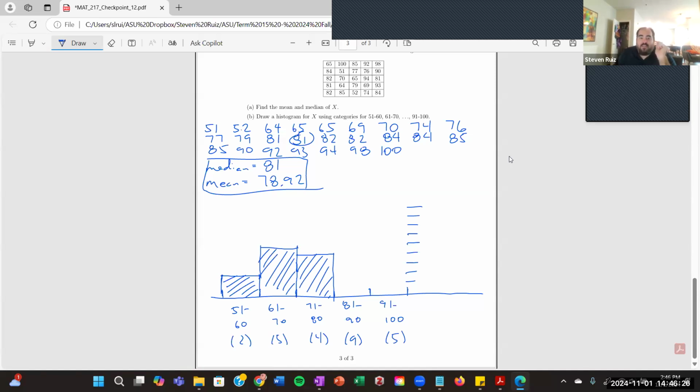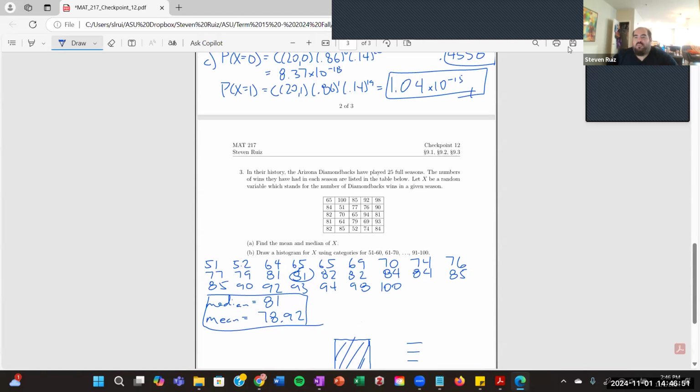And the one for 81 through 90 should be significantly taller than all the rest of them. All right, so that's a good histogram for this data set. So that is all for checkpoint 12.